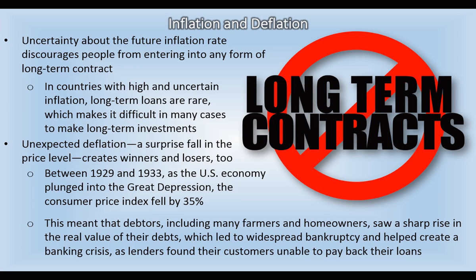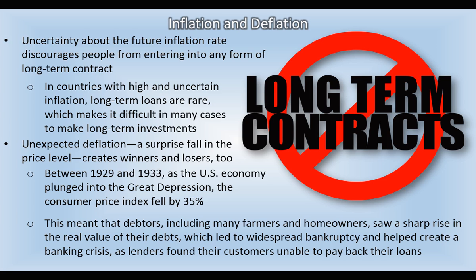So this meant that debtors, people that owed things, including many farmers and homeowners, saw a sharp rise in the real value of their debts. You have the nominal value, the number that is stated in contracts, divided by the price level. So if the price level goes down, then the real value explodes, right?